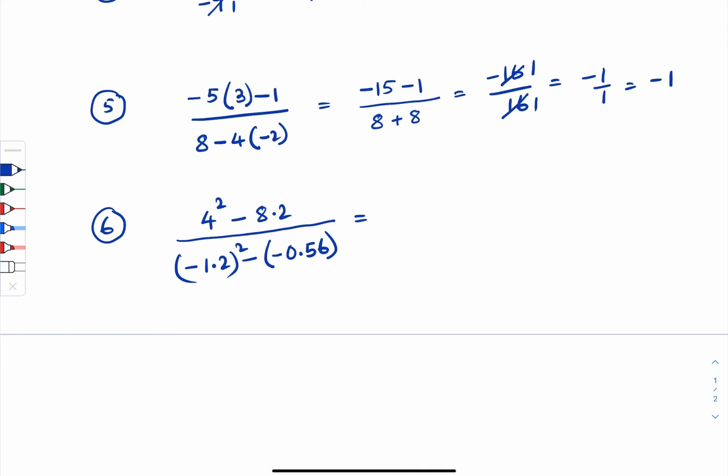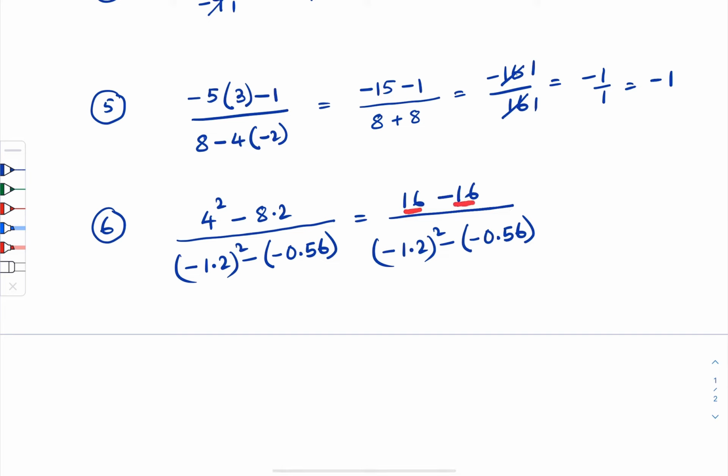If I simplify the numerator, 4 squared is going to give me 16, and then 8 times 2 is going to give me another 16. So that's 16 minus 16. And then I have this whole thing sitting down here, and I'm not even going to try to simplify that. The reason is that if I take the 16 and subtract the 16, I actually get a 0.